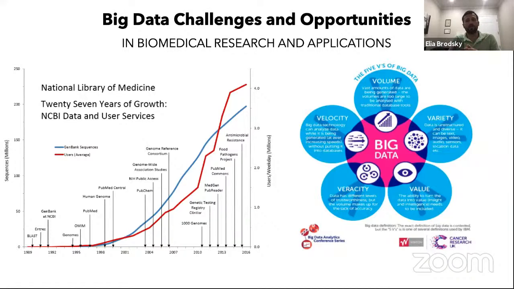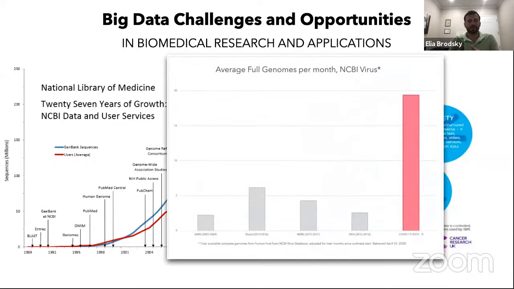So when we speak about the nature of this data, I think it's very clear, especially in this latest pandemic, that not only has this data changed in size, changed in type, it also is increasingly real time.